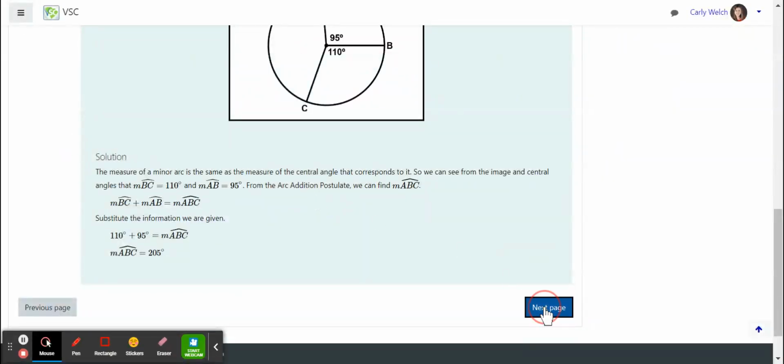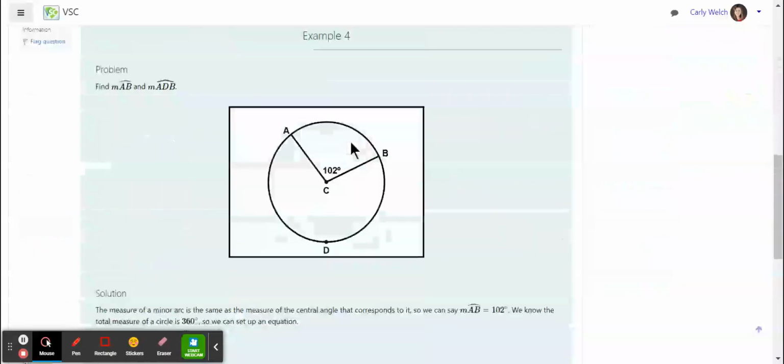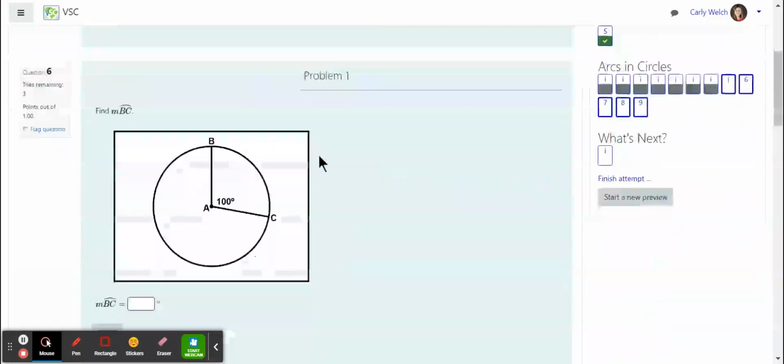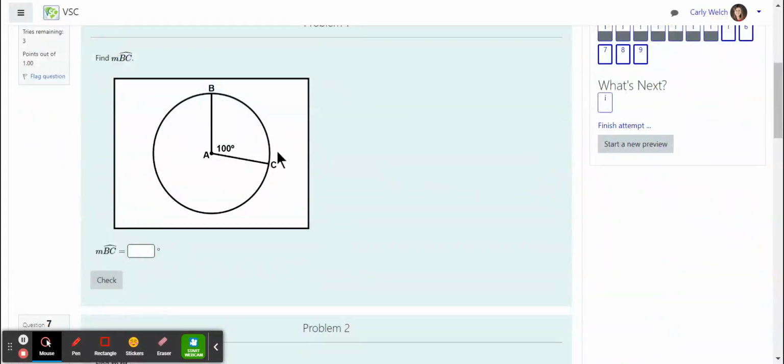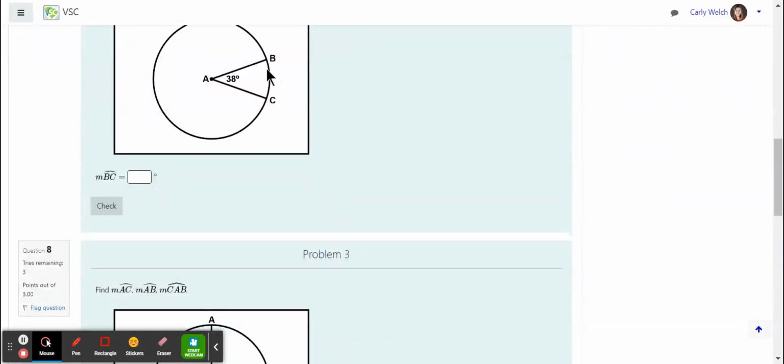All right, so a couple of examples for you there. There's some more as well. The measure of arc BC corresponds to the measure of that central angle, so that is 100. The measure of arc BC here corresponds to that central angle, which is 38.